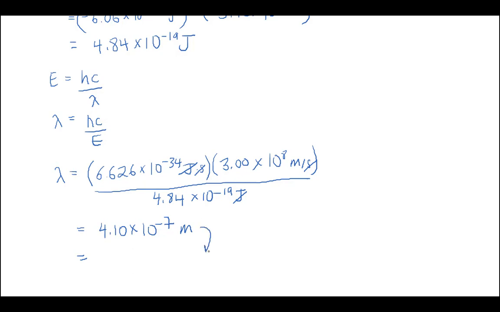And to go from meters to nanometers, you want to divide by 1 times 10 to the negative 9. Okay, so you're left with 410 nanometers. And this is in the visible spectrum. It is between 400 and 700, remembering that violet is on this end. So we expect that to be violet.